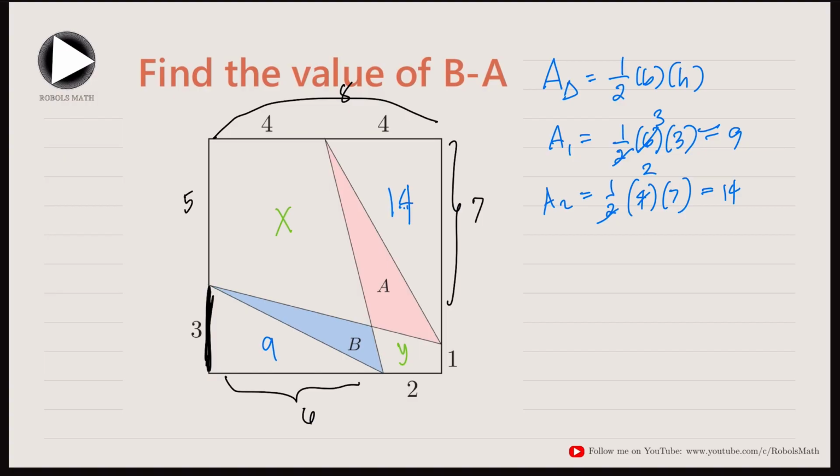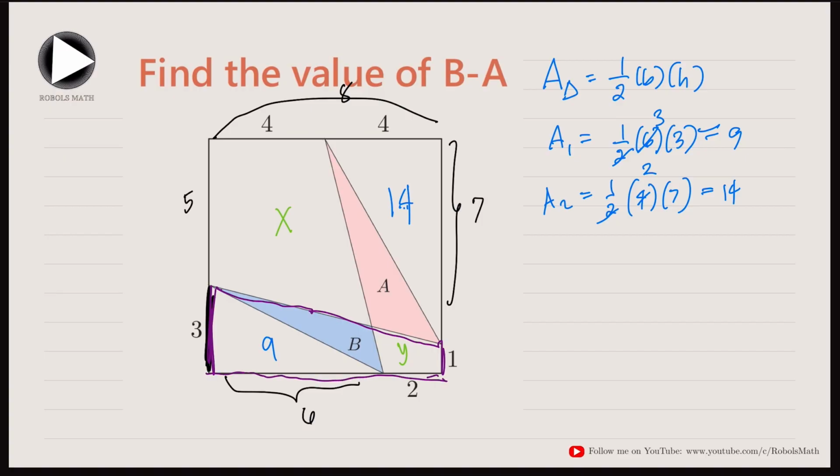Now we'll make use of the fact that we are looking only for the difference of B and A and not necessarily the values of B and A. So let's consider this trapezoid at the bottom, right?